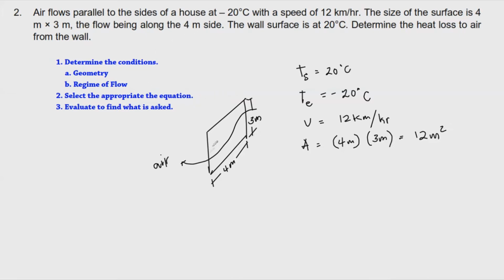The geometry is something like this. If you need to determine the geometry, that would act like a flat plate, and since the temperature is not specified in the problem, we can say that this one is isothermal. Then we need to find the region of flow.